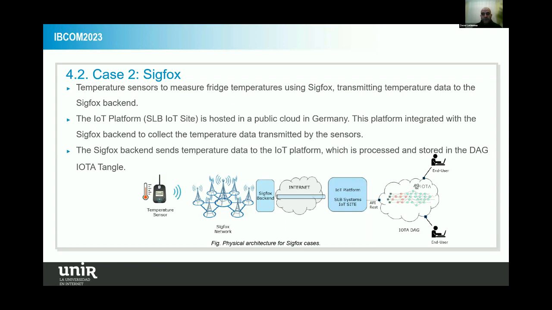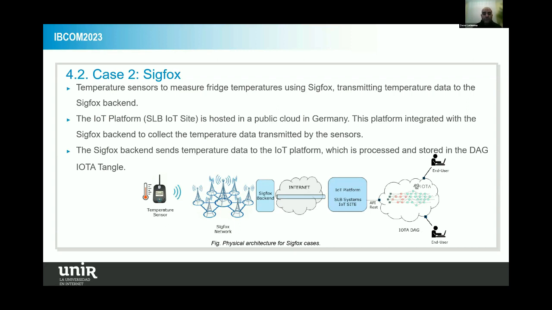This involved using the SLB systems temperature sensor from the same manufacturer that we used for LoRaWAN connectivity, but in this case, the sensor uses Sigfox connectivity to transmit the temperature data of the vaccines or refrigerators.